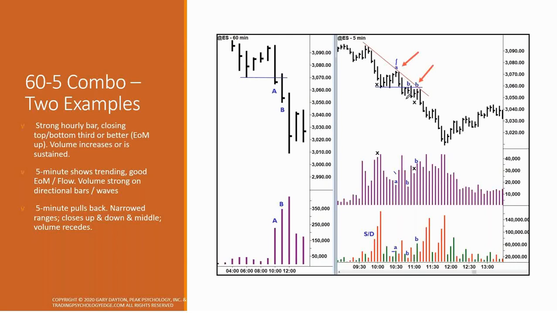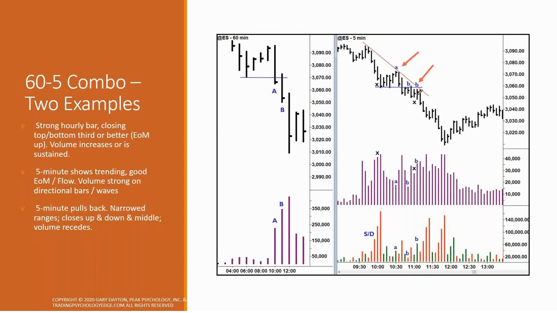We then break support, right? Here's our support. We break it on the 5-minute, and we go down and down. Bar B shows that we have broken that support. And again, we get good volume, pretty good ease of movement down. Now we're looking for the weakness to come in on the rally.